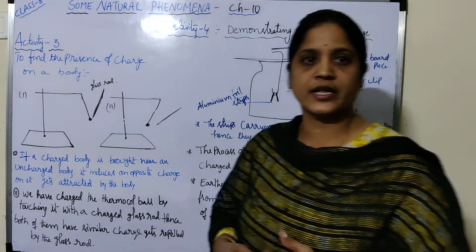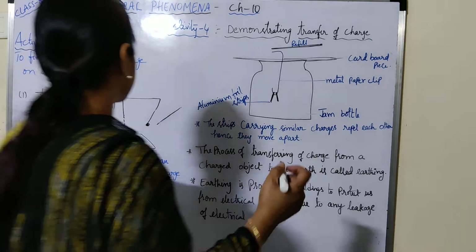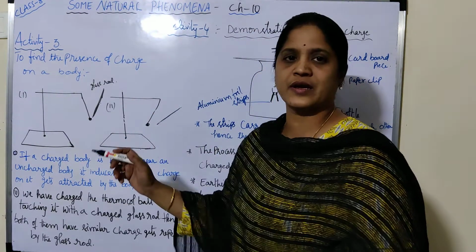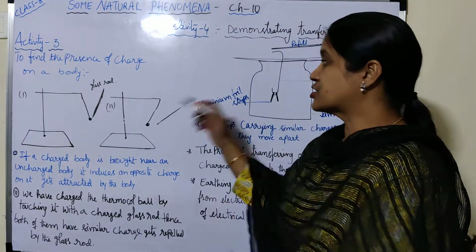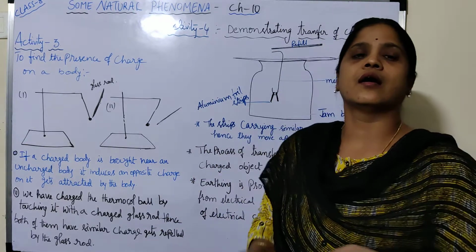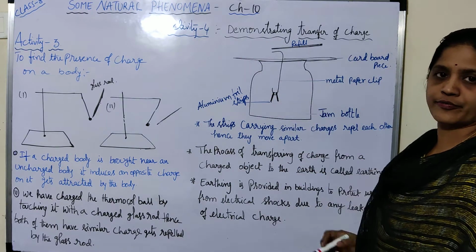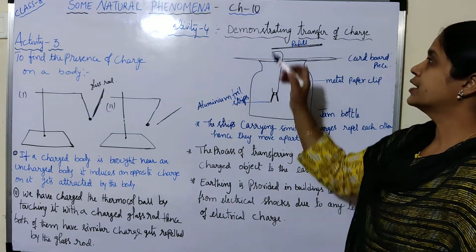From this activity, we came to know that attraction is not a sure test to know the presence of a charge on a body. By attraction or repulsion, this test is not suitable to find whether a body is having a charge or not.